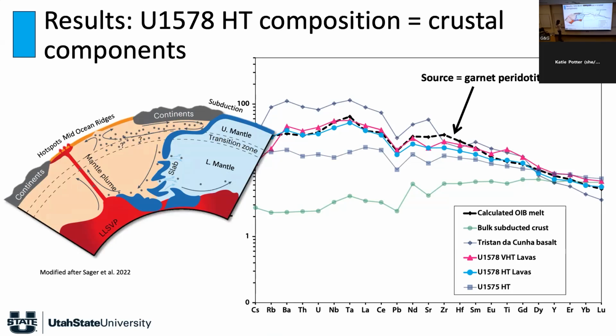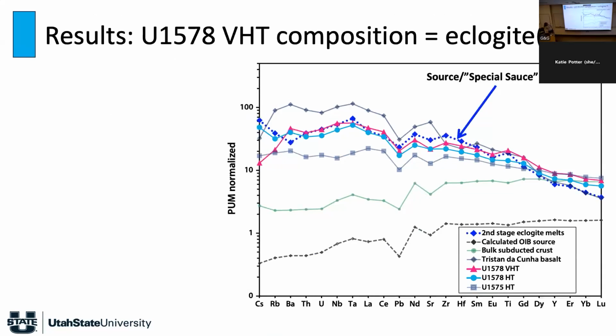And this creates an enriched peridotite source, which can then create these types of trace element compositions when partially melted. If we want to replicate that high titanium signature in the very high titanium flows in the central track, or 1578, we have to do something additional to that enriched peridotite partial melting.